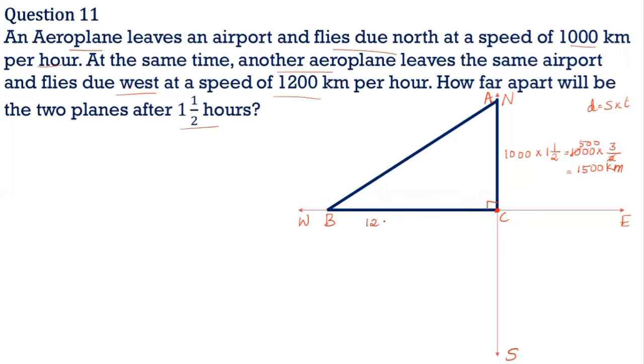Distance BC is equal to 1200 into 1.5. That is 1200 into 3 by 2, that is 600 into 3 is equal to 1800 kilometers. Now we got distance BC is equal to 1800 kilometer and distance AC is equal to 1500 kilometer.